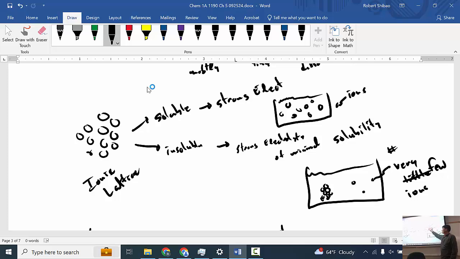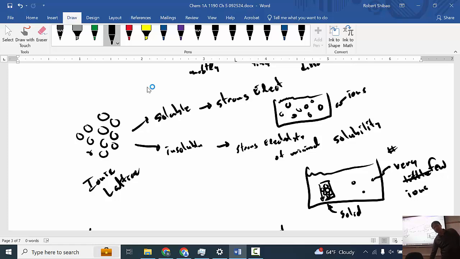So this would be a strong electrolyte, and this would be a strong electrolyte, but there's going to be a huge difference in the number of ions. This has very few ions, this has a lot of ions. But since we have 100% dissociation into ions, whatever does dissolve, and this represents a solid here that's not dissolving, dissociates completely, therefore it's a strong electrolyte.